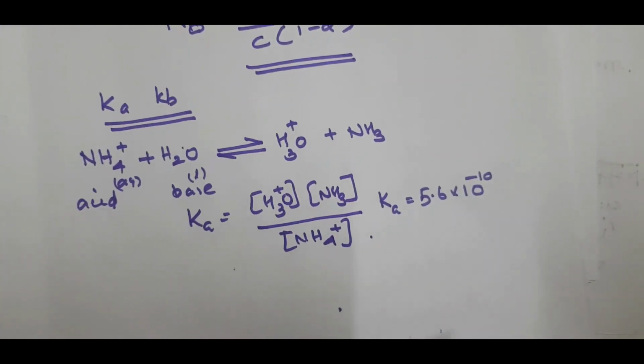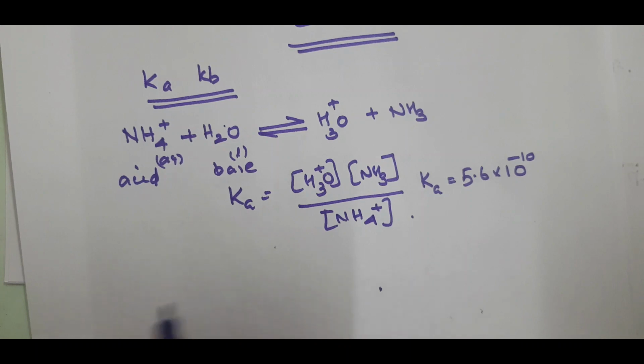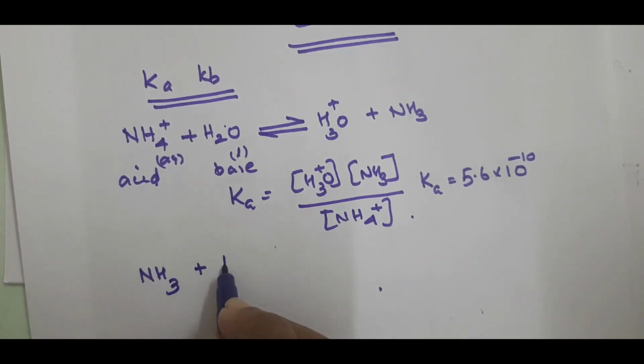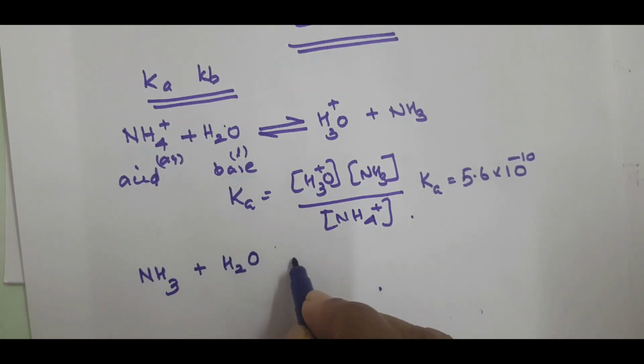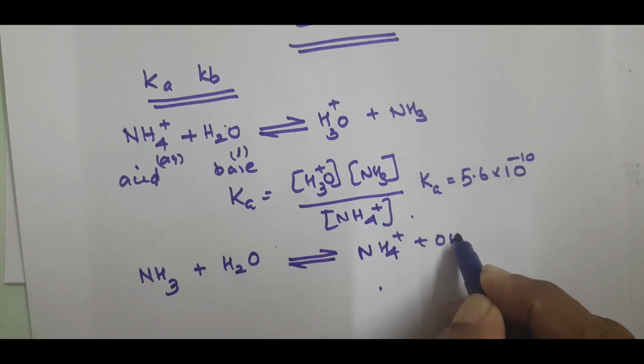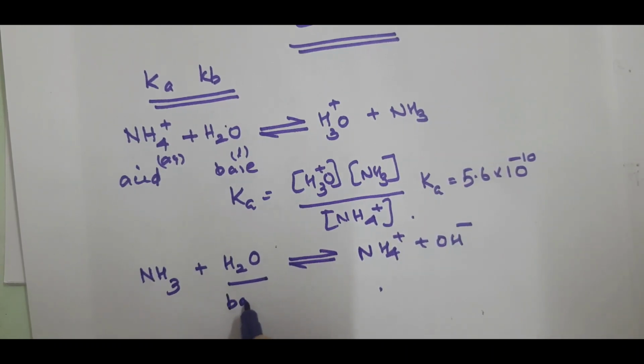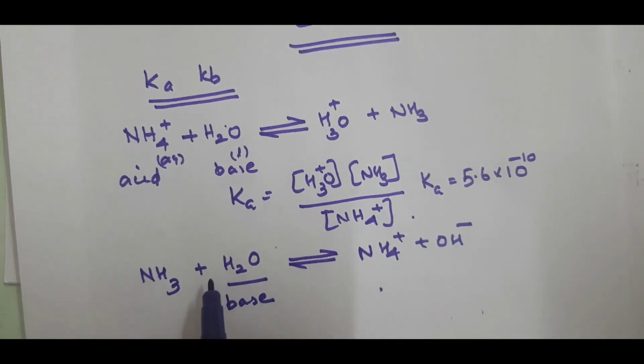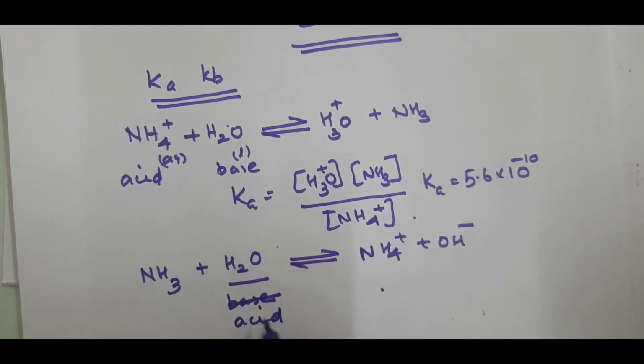Say, this is the value. Okay. Now, in the next reaction, the basic reaction Kb, NH3 plus H2O gives NH4 plus and OH minus. So, here it will act as a base, and here water acts as an acid. Correct.